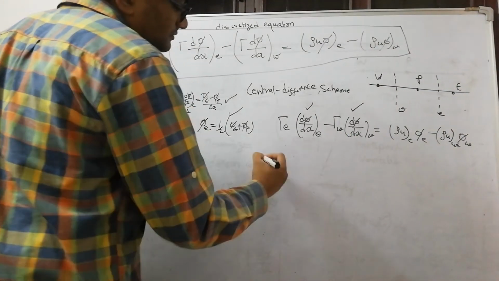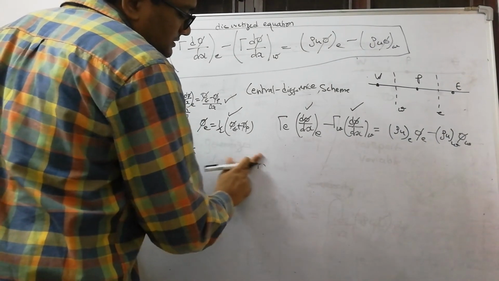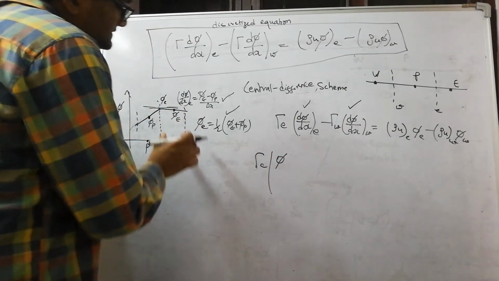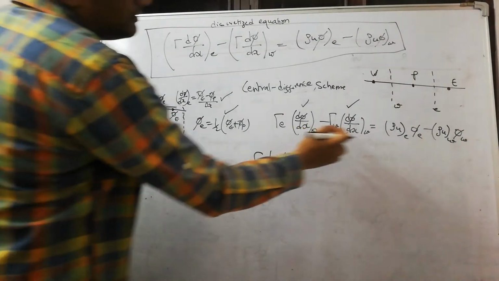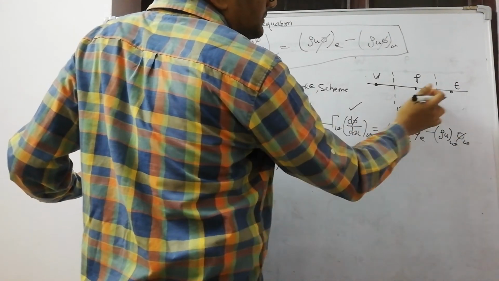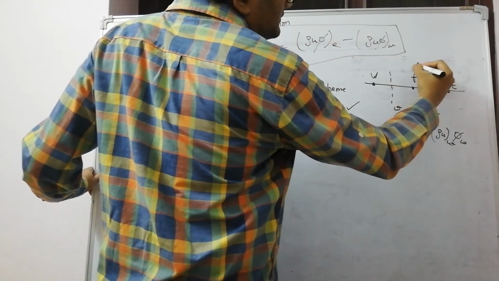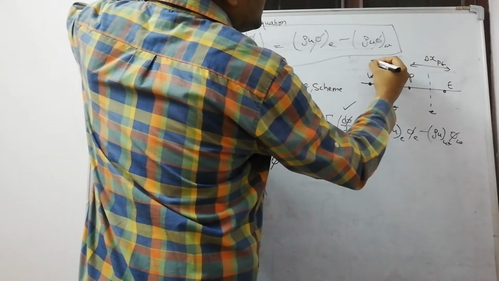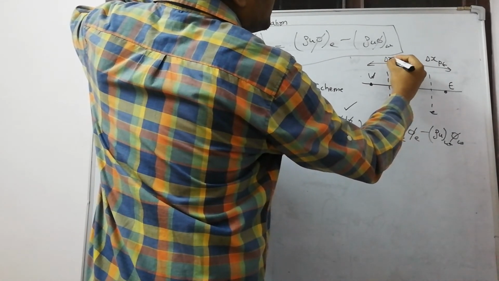So if I substitute, what did we do in the last class? What is this slope, d phi by dx at e? It is phi E minus phi P by the distance between these two points, delta x PE, and this would be delta x PW.